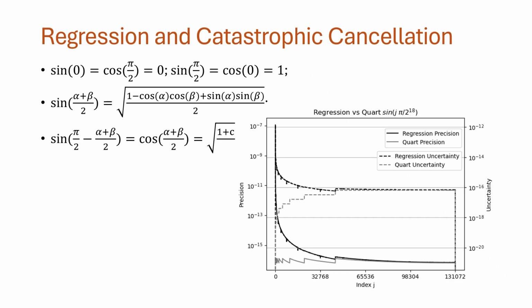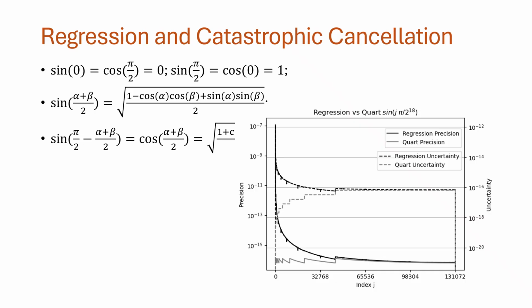And here is what we can see. When the angle, the index of this, goes to 0, and we regress to pi over 2 to the 18, we can see the precision actually decreases pretty fast until 10 to the minus 7, starting from half pi over 2, right?